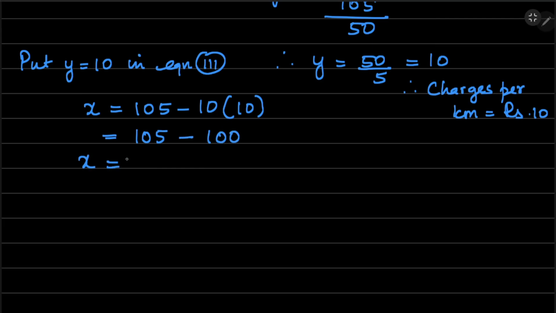That is, X is nothing but 105 minus 100, which is just 5. So therefore, what is X? It is the fixed charge. Therefore, the fixed charge is nothing but rupees 5. And the charges per kilometer is rupees 10.